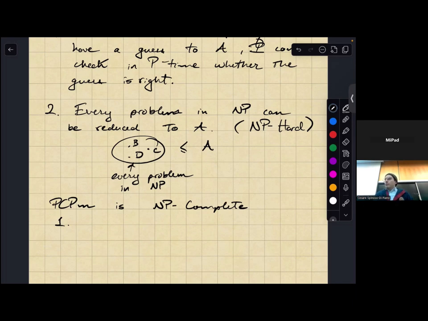Just take guesses of a potential solution. Yeah, exactly. Well, no, I'm giving you a guess to the solution of the PCPm problem, and I want to see if I can check it in polynomial time.